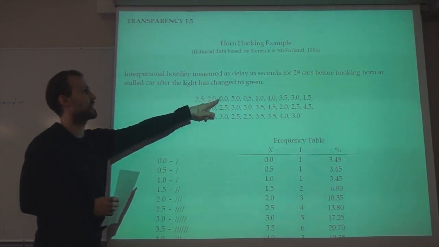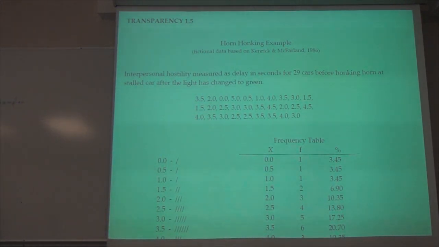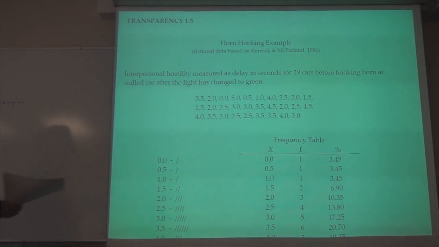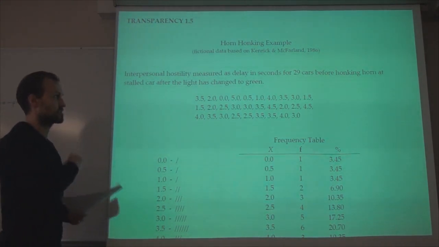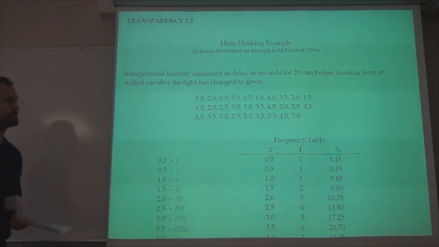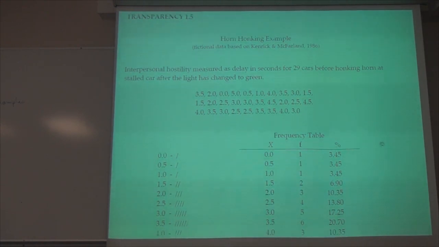So it only goes in half-second increments, but in general it could be a continuous variable with any possible value, depending on how accurate you want to measure the time. So I get those results. How many were there? You can count them easily.